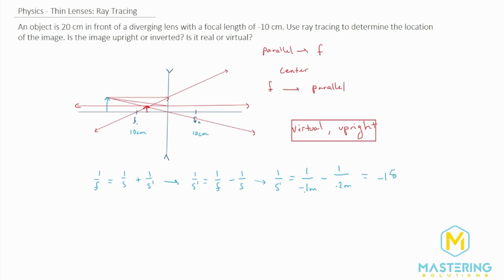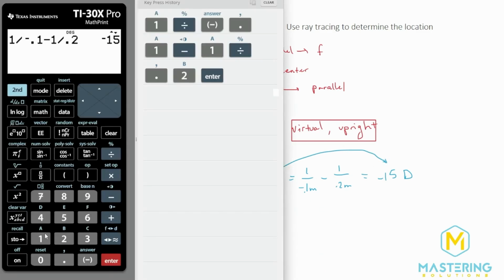What are the units for this? The thin lens equation gives us values in diopters, or how much light is refracted by a lens. We want this in meters, so we need to take the inverse, because this 15 represents 1 over s prime.